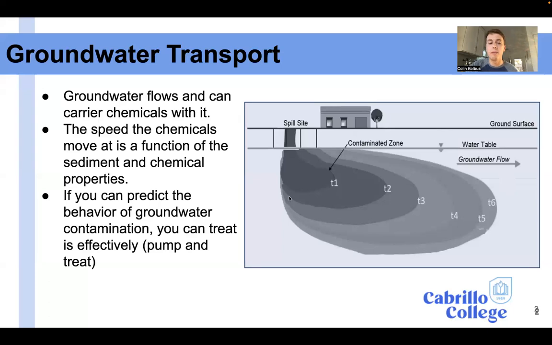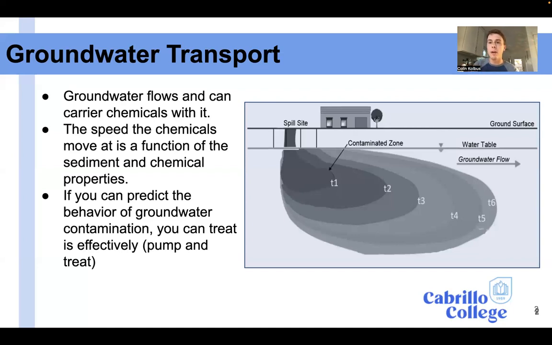And so the big way that we treat groundwater contamination is called a pump and treat. You basically drill a well into your spill site, or you use another well in another area, and then you start sucking out groundwater from that well and eventually remove the contamination from that.